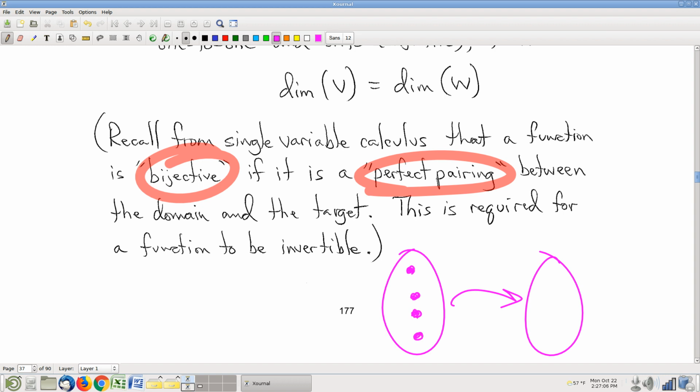Let's say you have a set with 4 items there. Here's another set with 4 items. A perfect pairing is just any way of pairing them up such that for every output, there's exactly one input. And vice versa. Right? Yes?